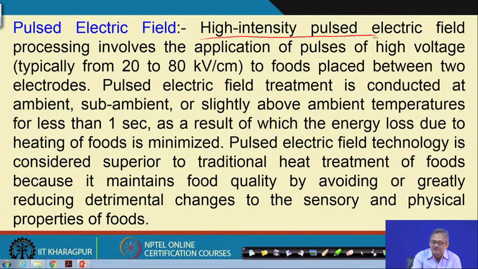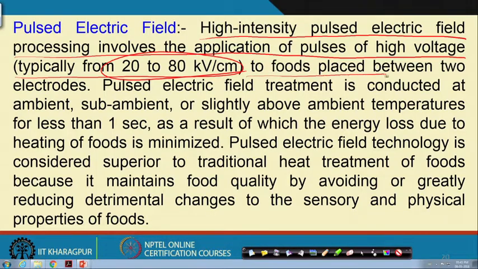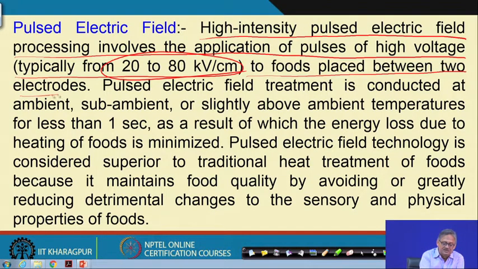High intensity pulsed electric field processing involves the application of pulses of high voltage, typically from 20 to 80 kilovolt per centimeter, 20 to 80 kilovolt per centimeter, to foods placed between two electrodes.